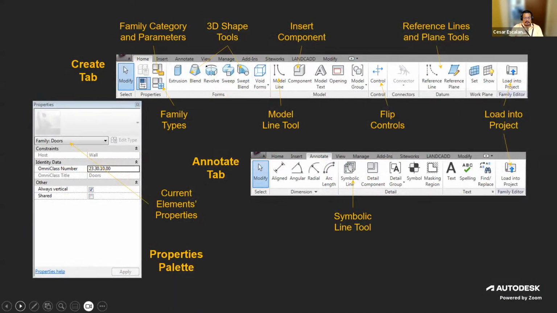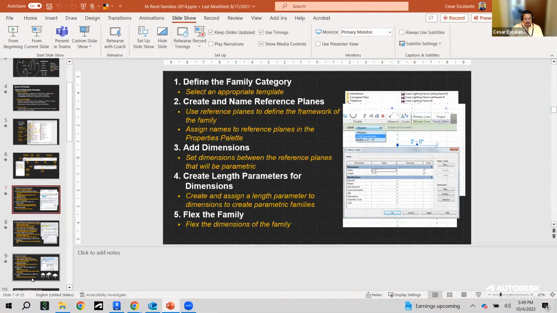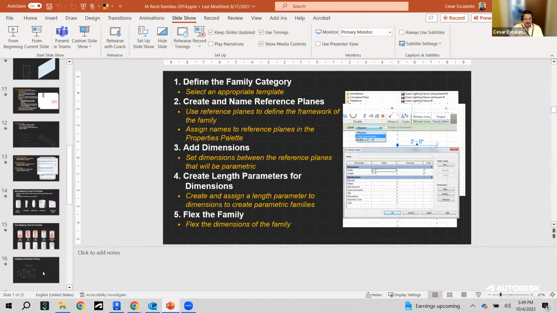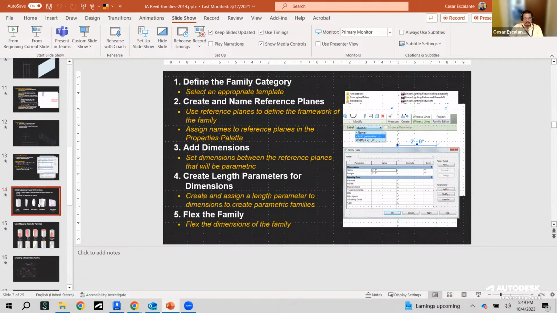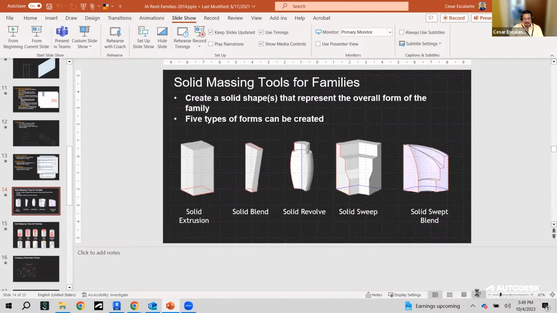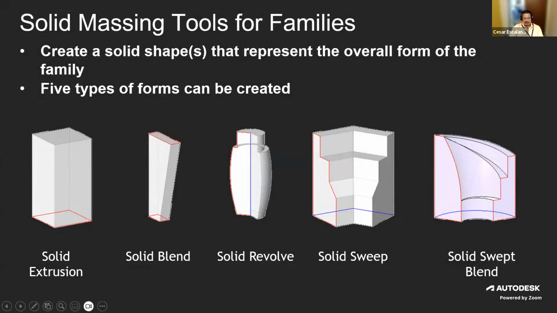These are the different tools for editing and creating family. These are the tools available in the family editor. We're going to jump into that. When we create a family inside Revit and we open the family editor, we're presented with a different way of modeling.